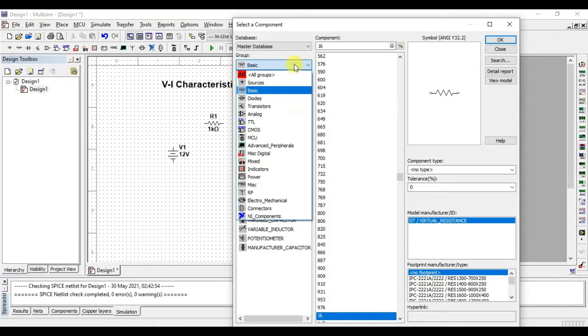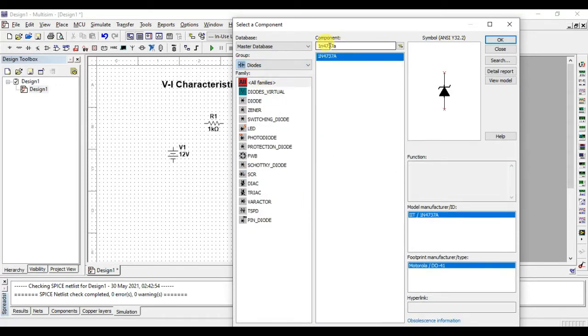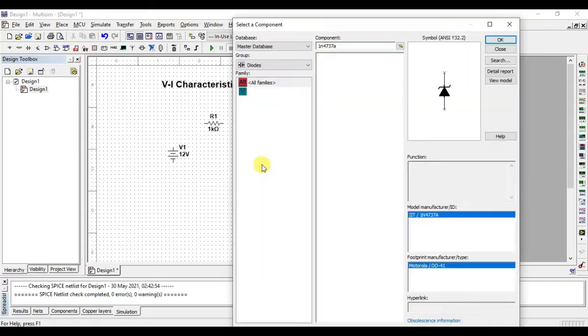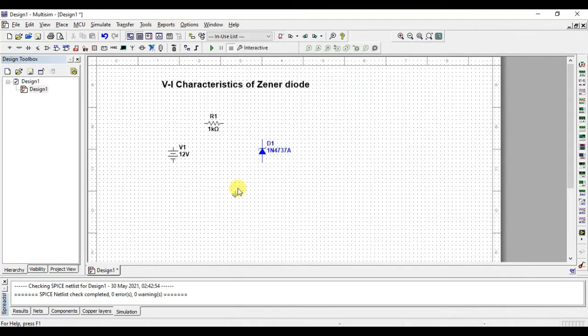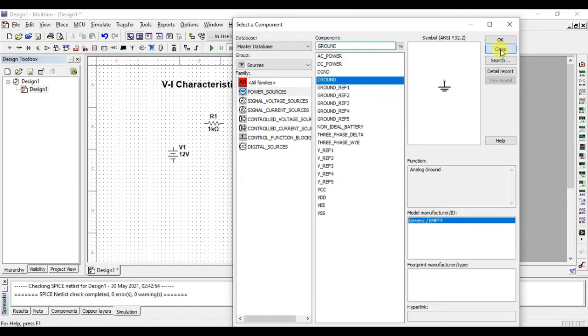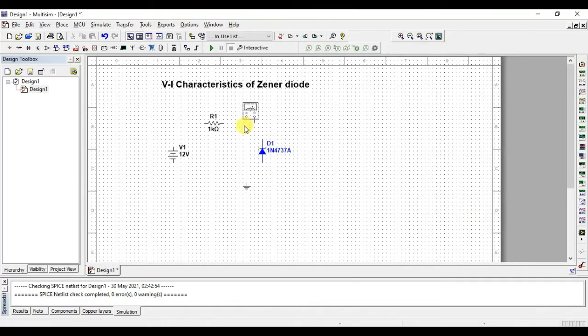Normally we take this Zener diode, 1N4737A, and ground. We need two multimeters also as ammeter and voltmeter. Okay, so with this the components requirement is fulfilled, and let us design the circuit now.